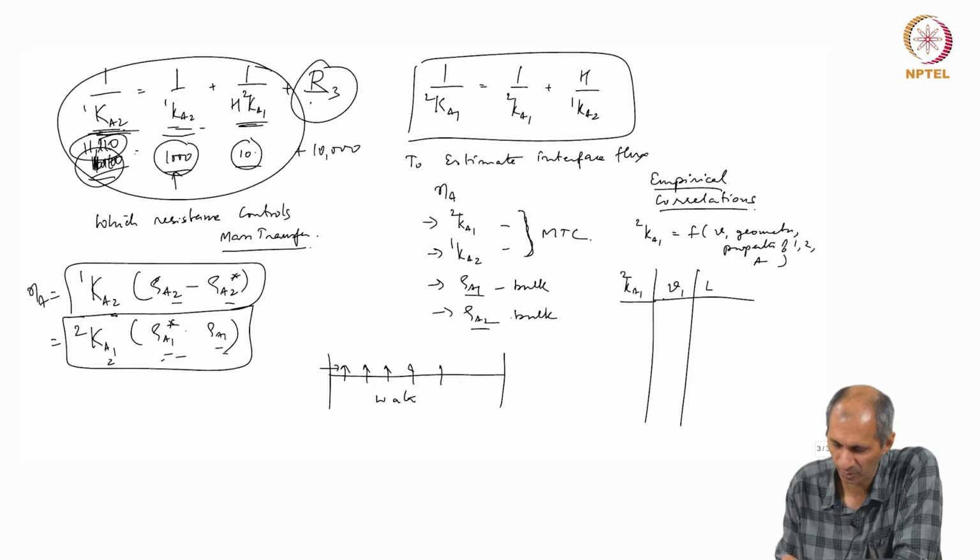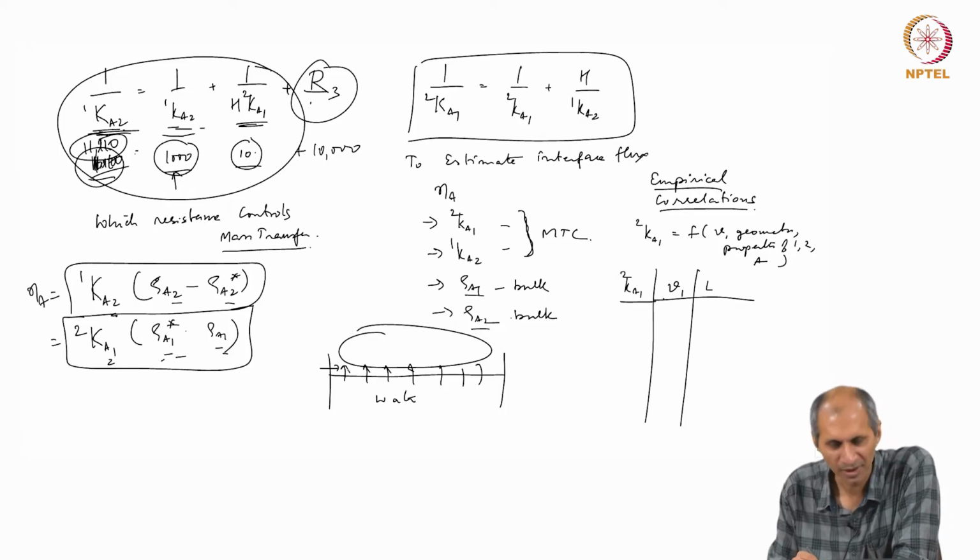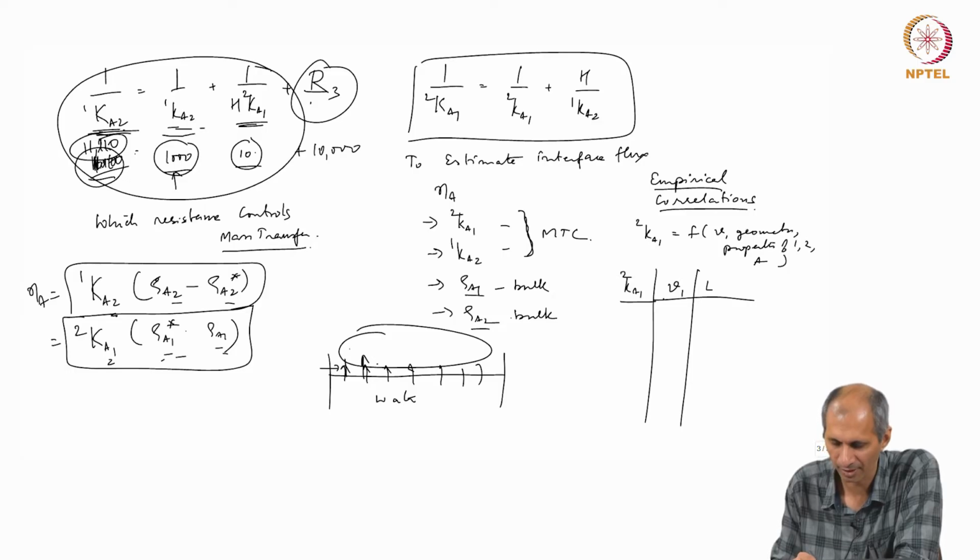We are assuming this is well mixed. We are assuming this is also well mixed, but one of the things that is happening practically is that as mass transfer is occurring, this concentration is changing as we are going across the interface.